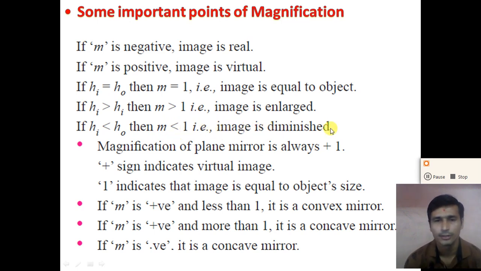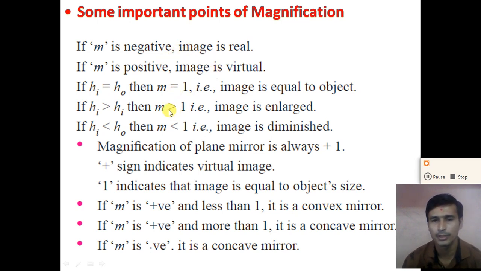That means the image is smaller than the object. So from the positive or negative sign of the magnification, we can get whether the image is real or virtual, and from the value of the magnification we can say whether the size of the image is the same as the object, larger than the object, or smaller than the object.